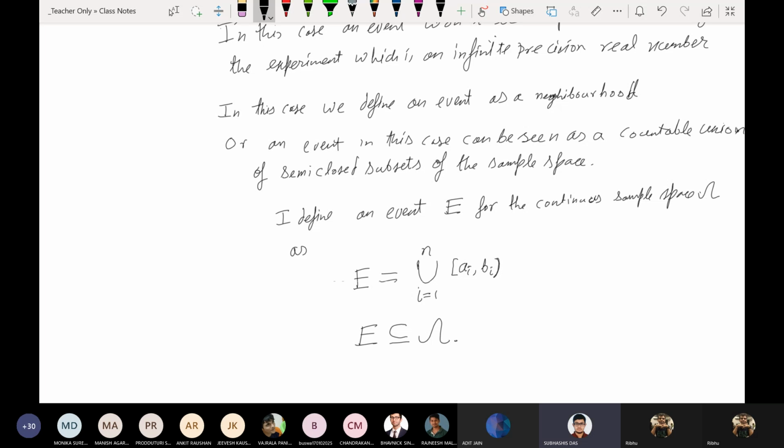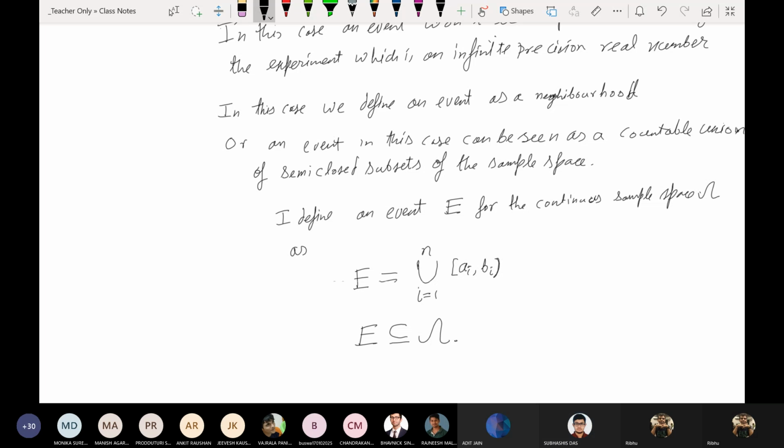Yes, Subhashish, first you tell me. If we use closed sets, then there's a possibility that there would be the same element within two sets. So we can't join sets. Exactly. But here we can.